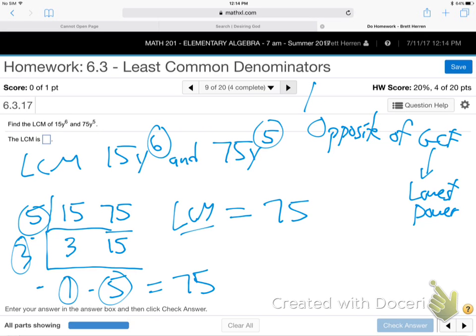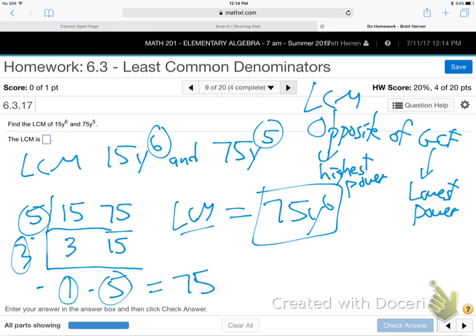And so for LCM, we take the highest power. So y to the 6th is higher than 5, so we take the 6. Does everybody see that? The GCF that we were doing, you take the lowest. These are LCMs. You take the highest.